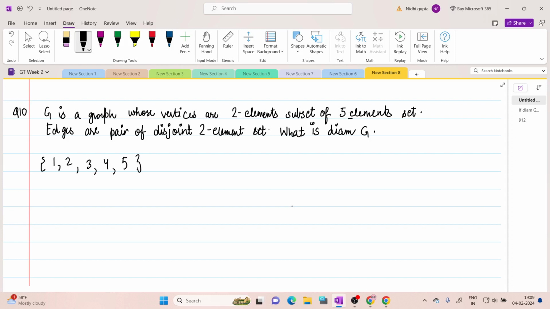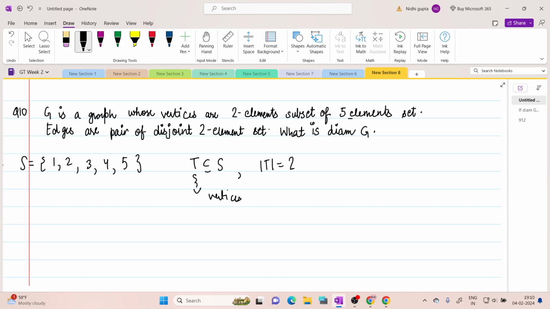So read this question. The vertices of this graph are 2-element subsets. So what are the possible vertices of this graph? How many vertices will this G have? If my S is 1, 2, 3, 4, 5, its vertices are basically all those sets T such that the order of T is equal to 2. So all these subsets are my vertices.